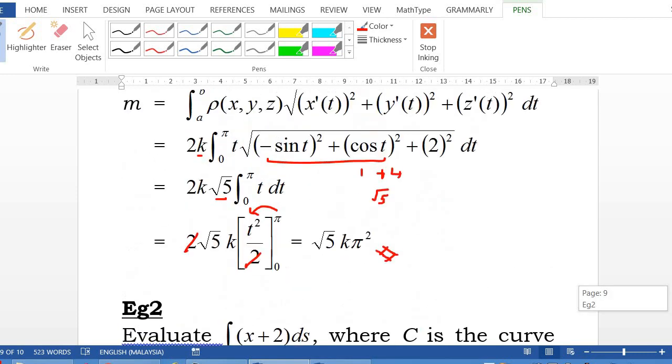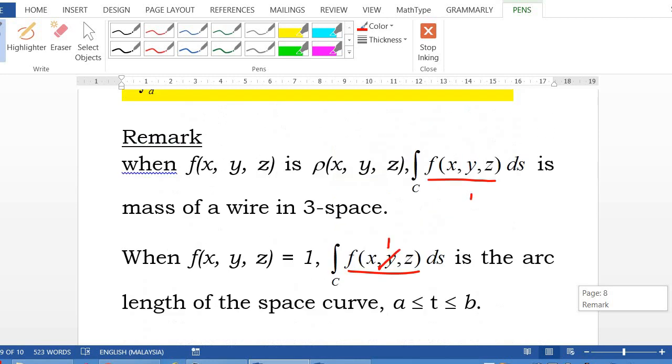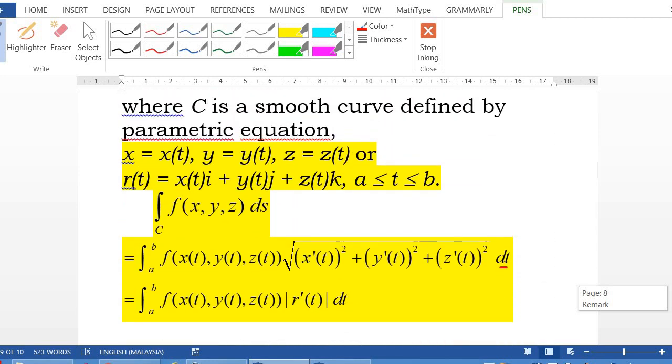Okay, remember just now we said we have two ways to present the curve C. It is either given in the parametric equations x equals x(t), y equals y(t), z equals z(t), or given as the vector valued function r(t) equals x(t) i plus y(t) j plus z(t) k.